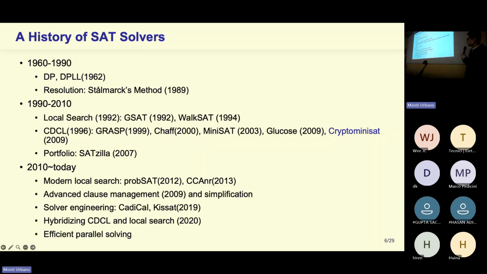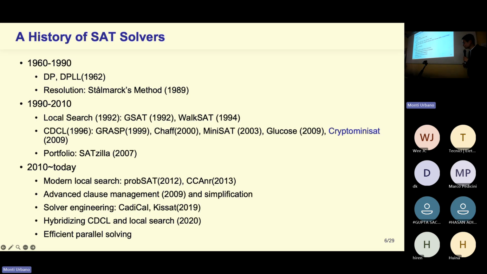There are several famous CDCL solvers such as GRASP, MiniSat, Glucose, and CryptoMiniSat. I suppose CryptoMiniSat is maybe famous in this community because its name has crypto in it. And by the way, the original author of CryptoMiniSat, Mate Soos, and I stayed together for about 10 days in Beijing, and we developed a later version of CryptoMiniSat on GitHub.